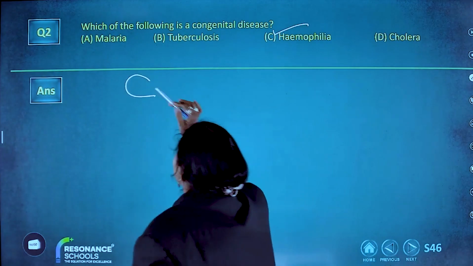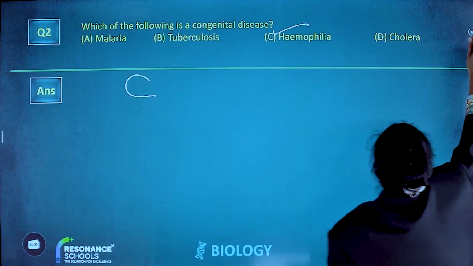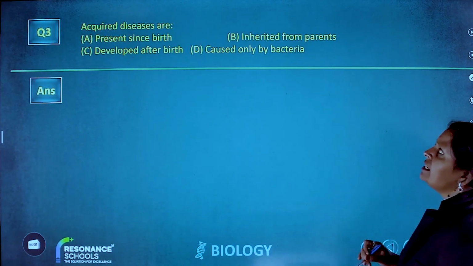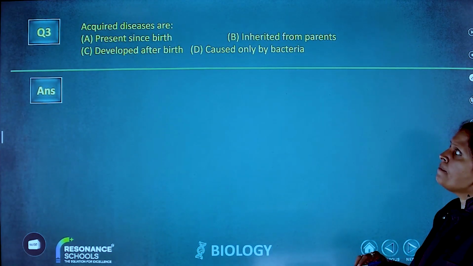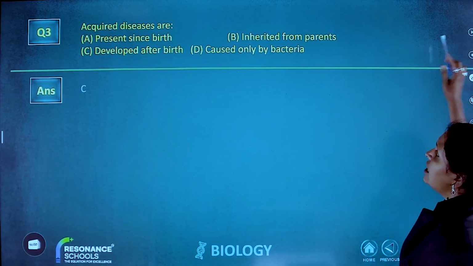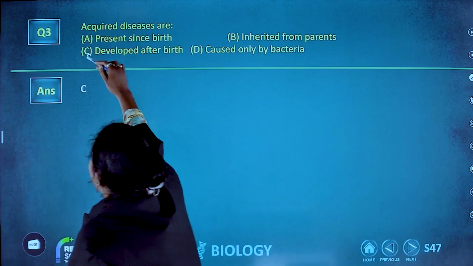C is the answer. Hemophilia is the congenital disease. Then the third question, acquired diseases are developed after birth.